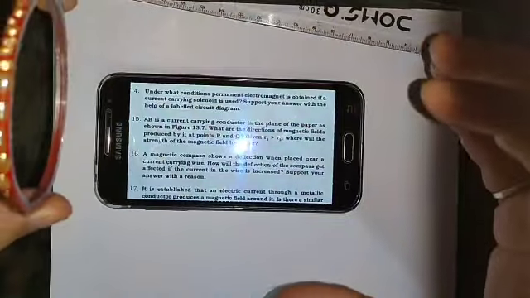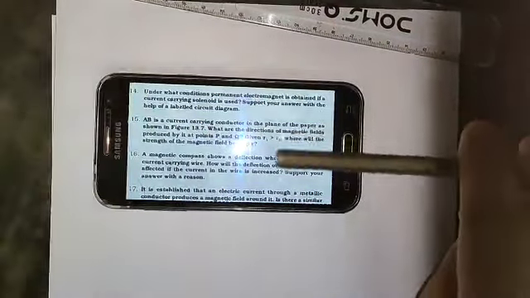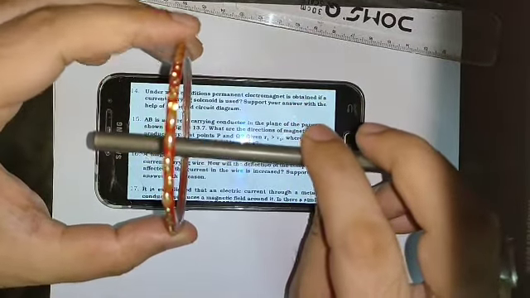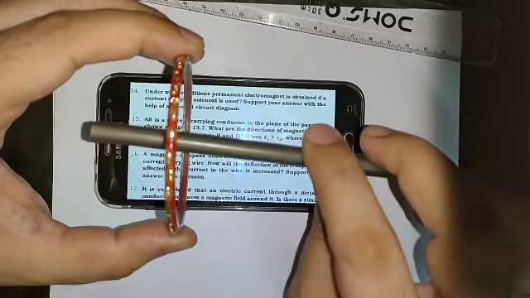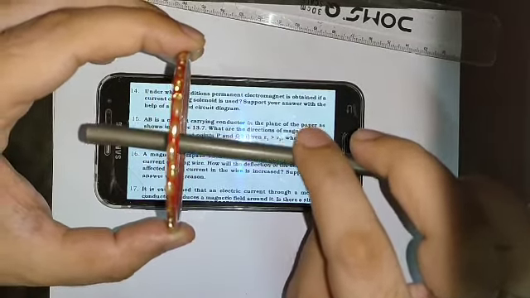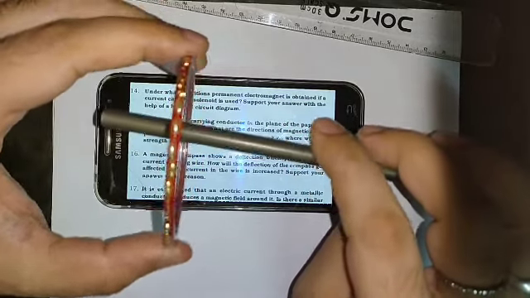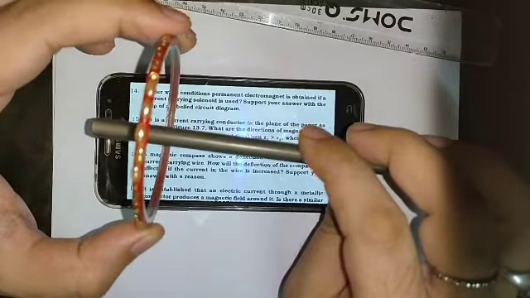So this is a solenoid, and inside this solenoid we are going to keep one core. That core can be of metal. The core material should be a good metal, which can easily show very good magnetic properties.